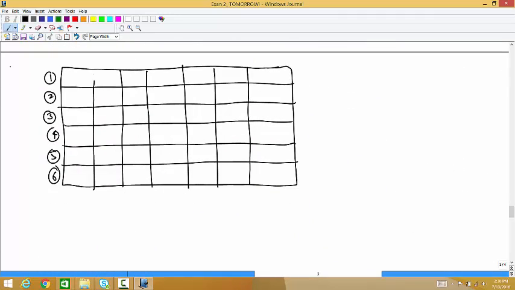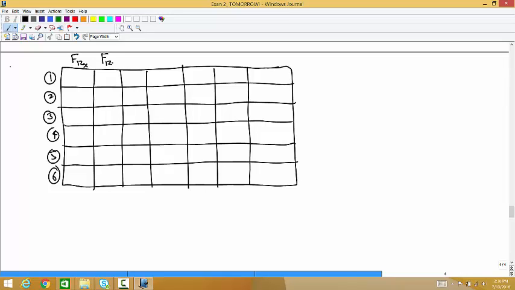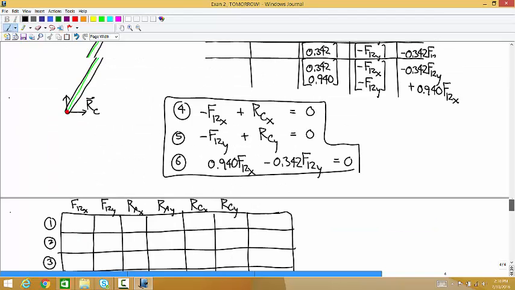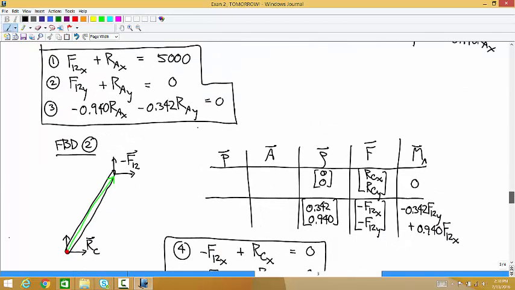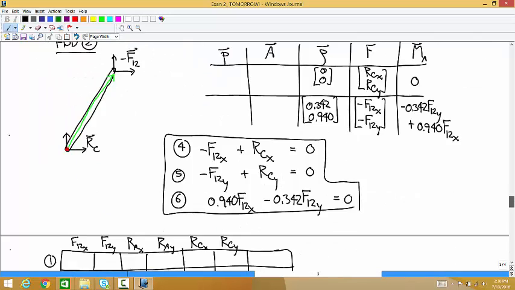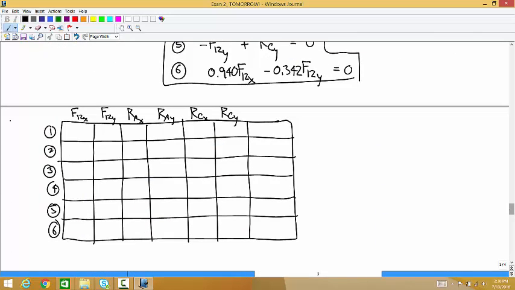And then 6 variables. I'll call those F12x, F12y, RAX, RAY, RCX, RCY. Okay, so equation 1 says F12x we have 1, RAX we have 1, and the constant is 5,000.